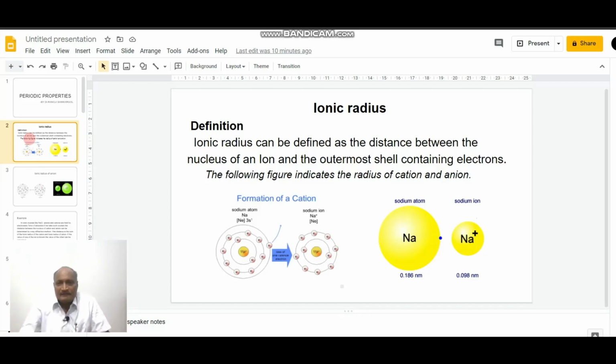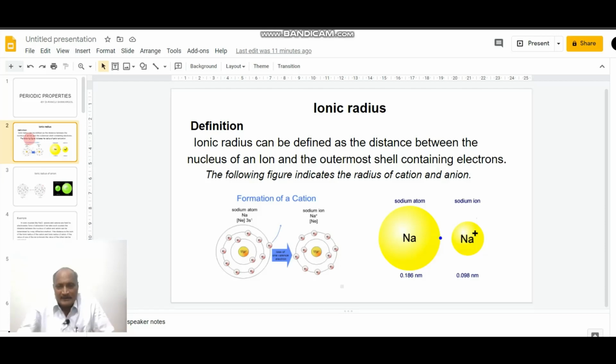Here the following figure indicates the radius of a cation. Here I have taken the example of sodium, its atomic radius as well as its ionic radius.